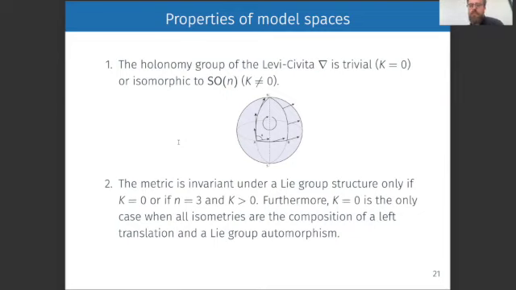And in the three-dimensional case, only the flat case is a Lie group, with the exception of some shenanigans going on with three-dimensional spheres. But three-dimensional spheres have some isometries that are not Lie group automorphisms, which is different from the case of the flat space. And we're going to show that basically some of the same properties can show up for sub-Riemannian model spaces.